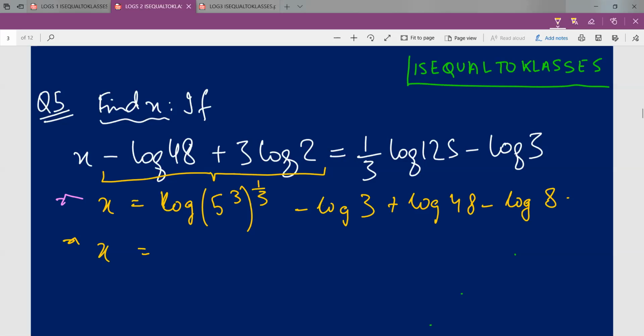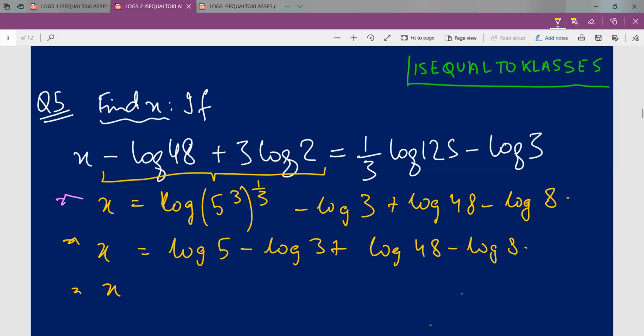X will be equal to log of 5 cube into 1 upon 3, which will be 5 raised to the power 1, which could be simply written as log of 5. So therefore, our final equation would be log of 5 minus log of 3 plus log of 48 minus log of 8. Therefore, x will be equal to log of 5 minus log of 3.